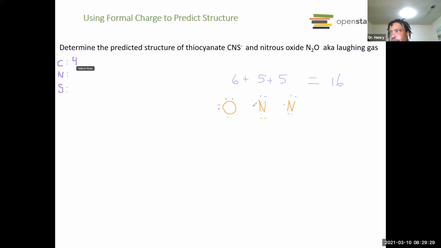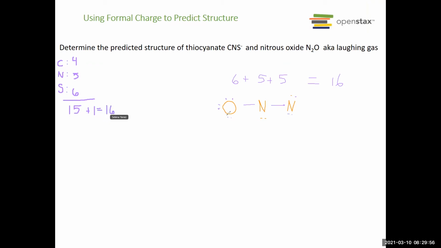So if I move this electron over here, we'll have a bond there. Then I move these two electrons here. We'll have a bond here, but that only gives me how many electrons around nitrogen? 6.